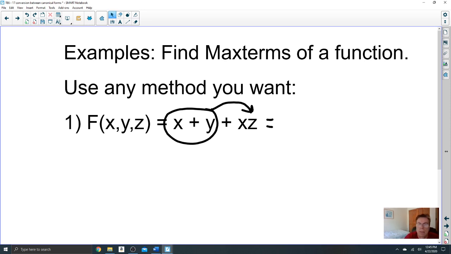Let's break this. Okay, so we have two parentheses: x plus y plus x and x plus y plus z.